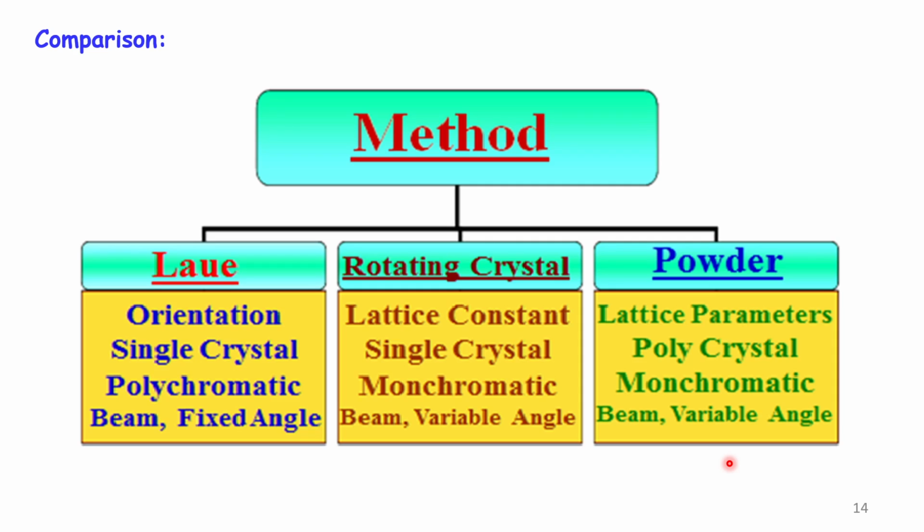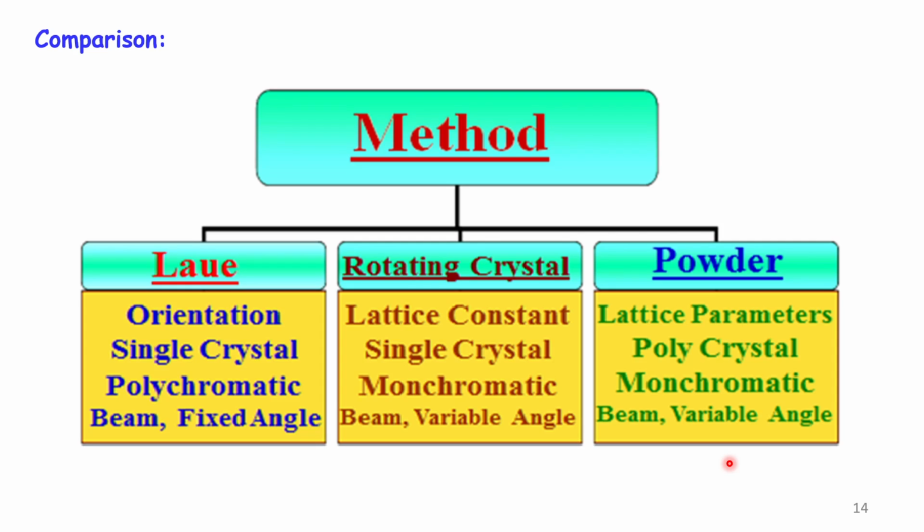In the Laue method, we directly use polychromatic X-ray radiation, but in the rotating crystal method and the powder method, we need monochromatic X-ray radiation. In the Laue method, the sample is stationary, so the glancing angle is fixed.